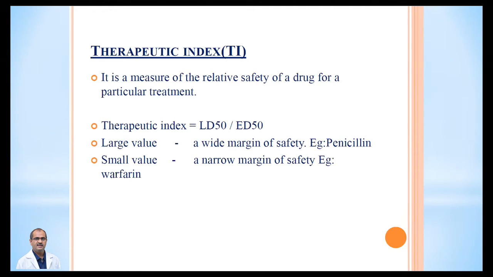If the value of the therapeutic index is more, there is a wide margin of safety. For example, penicillins have a high therapeutic index, meaning even with higher doses they do not cause any toxicities.